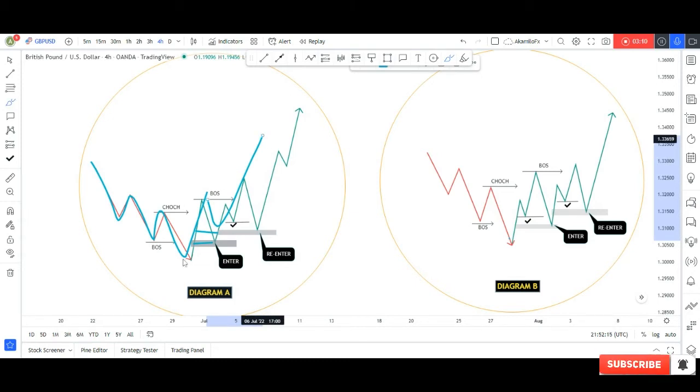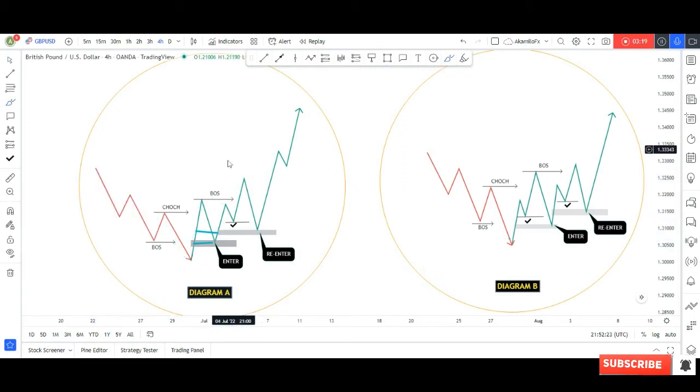So price has changed from a bearish position to a bullish position. So now guys, let's see here. When price changes from bearish to bullish, we find an order block or an imbalance here to take a trade to the upside.